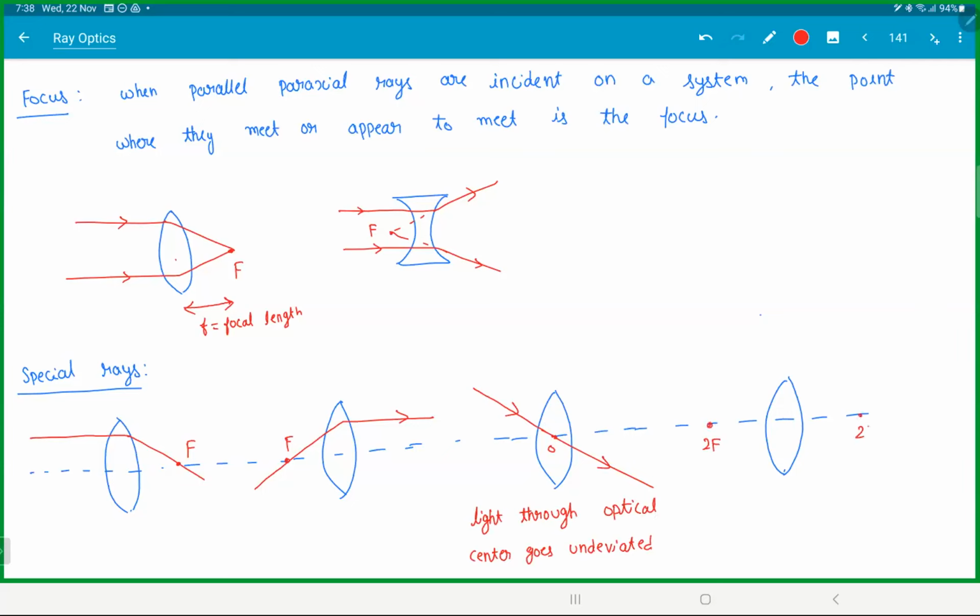It behaves like a center, but it is not the center. If you send a light ray to 2f, it will pass through 2f on the other side. Later on, we can prove this with an equation also.